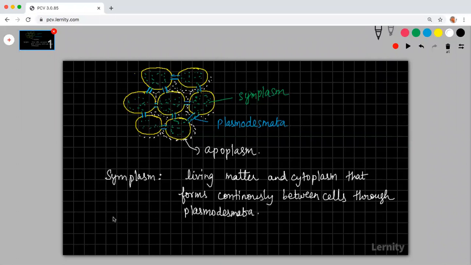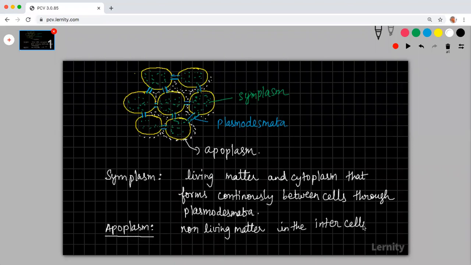Okay, you also have apoplasm. What is this apoplasm? Apoplasm refers to non-living matter in the intercellular space between two cells.